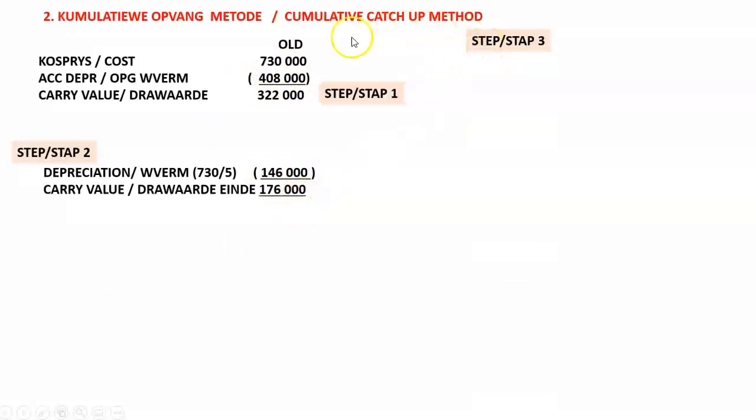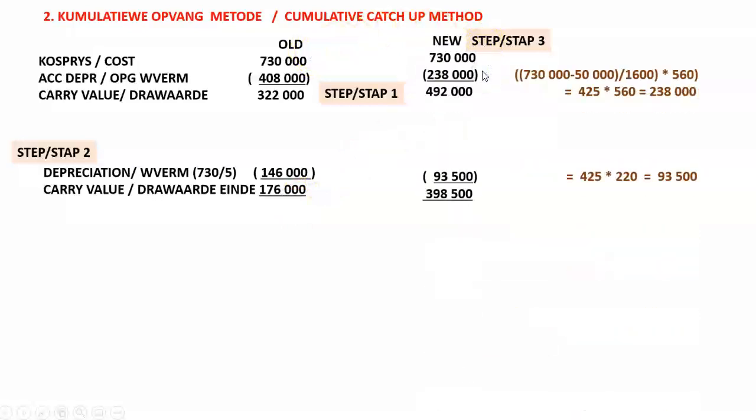Step 3 is start all over again, and then I'm going to start at the acquisition date and rework what my accumulated depreciation up to the beginning of the current financial year would have been if I did apply the new method.